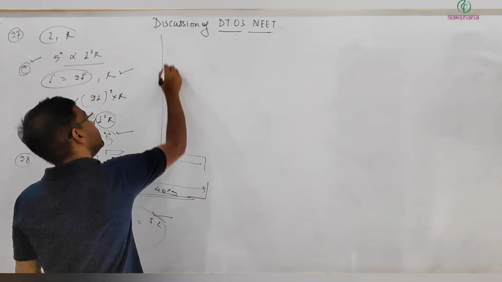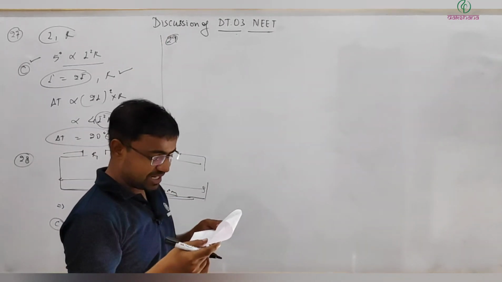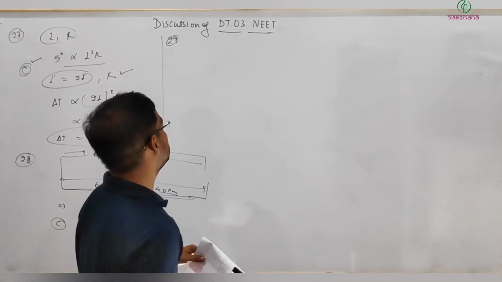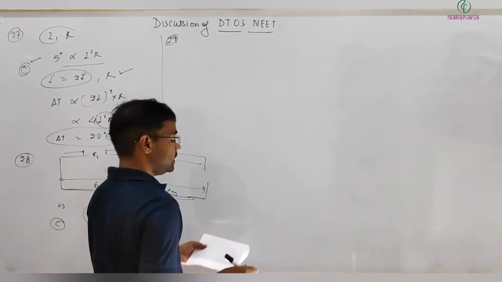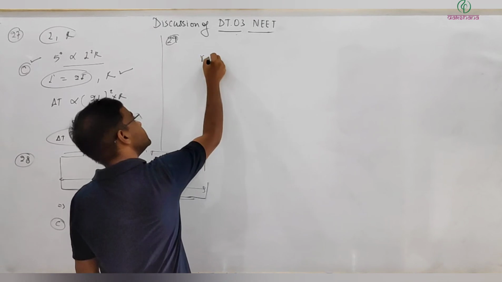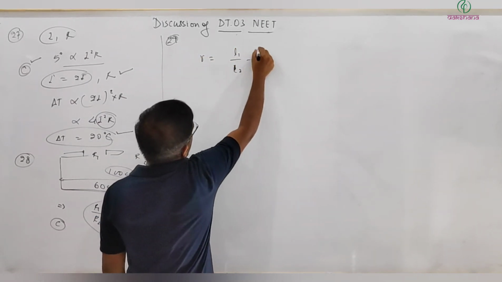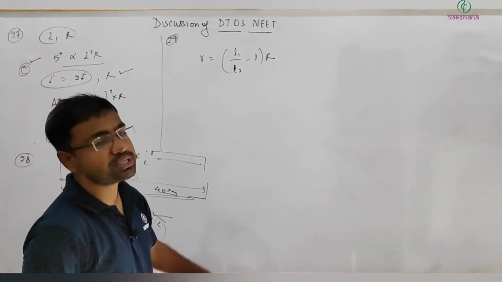Question number 29. In a potentiometer experiment, the balancing length with the secondary circuit. So I think you should be clear with the potentiometer system here. There is a direct formula for internal resistance: r is equal to (L1 by L2 minus 1) multiplied by the external resistance R used in the secondary circuit.